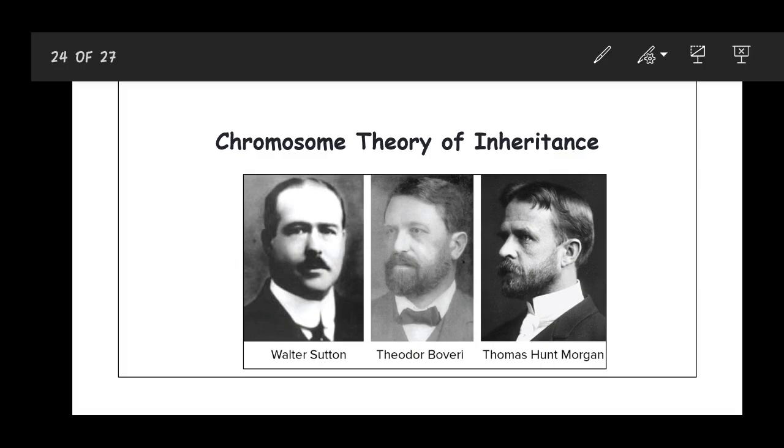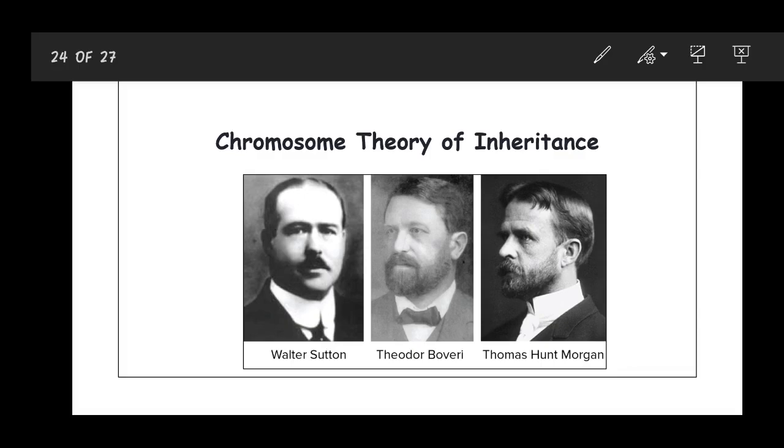After the rediscovery of Mendel's laws, a number of investigators attempted to find out and explain the actual mechanism of heredity, of which three deserve a special mention: Sutton, Boveri, and Thomas Hunt Morgan.